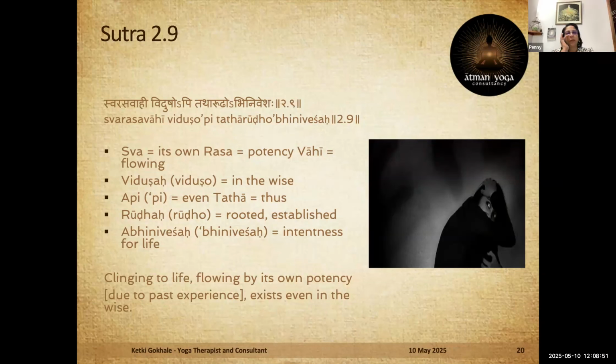Katki, I was just wondering, in Patanjali's sutras, where does he speak about like the gunas or like nirguna? I noticed he used a different term. Is it because that one is more noted or acceptable? Sorry, I'm not getting what you're saying. What is your question?